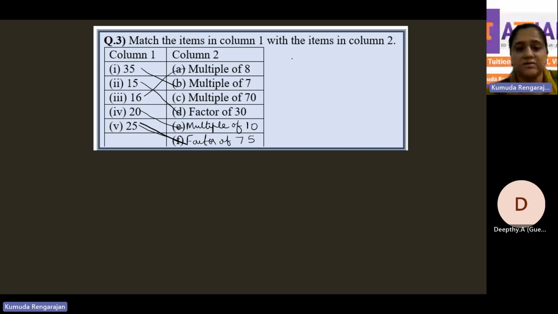So the answers are like this. 1 goes with B, 2 goes with D, 3 goes with A, 4 goes with E, and 5 with F.